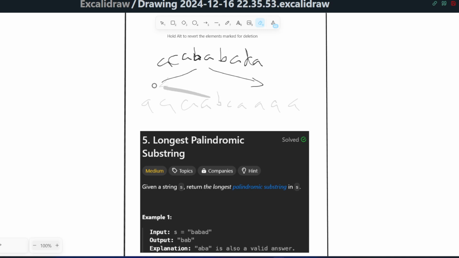That's the dynamic programming part of it: you solve the smallest problem, the smallest palindrome, and then you move on to bigger palindromes. But yeah, that's basically it. Just gotta learn how to do efficient palindromes.